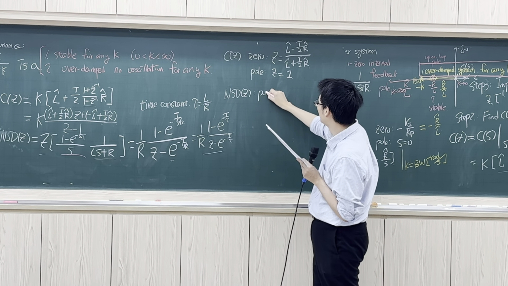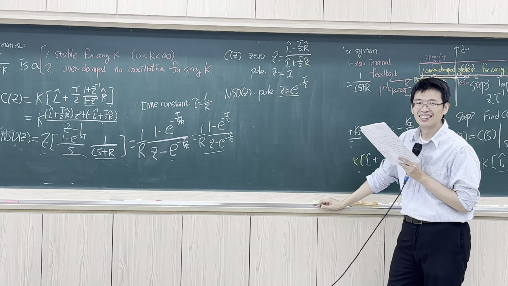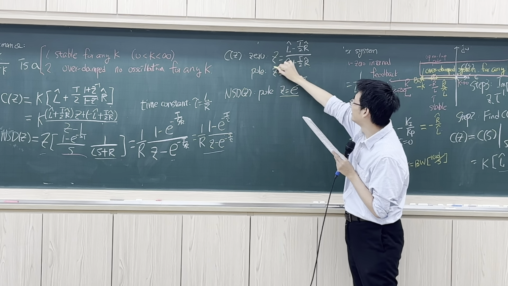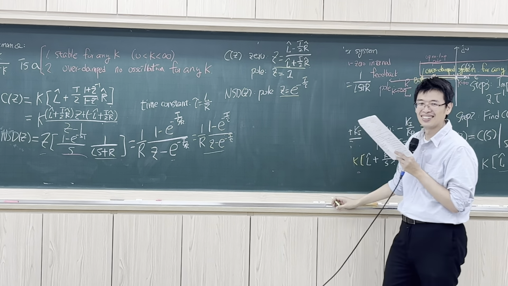The first time you see this, you will realize the pole is located at Z equal to exponential minus T over tau. And then the controller zero is located here. This is an exponential function. This is a linear fraction number.